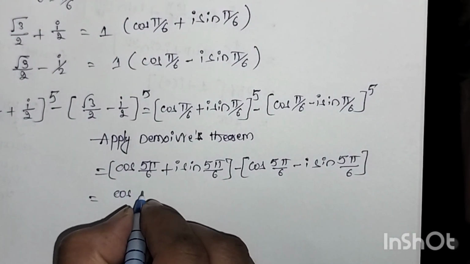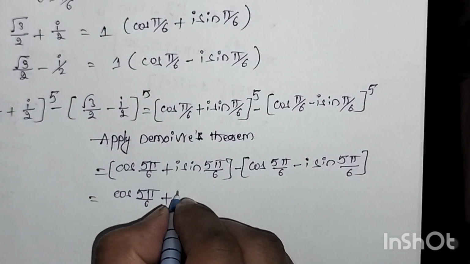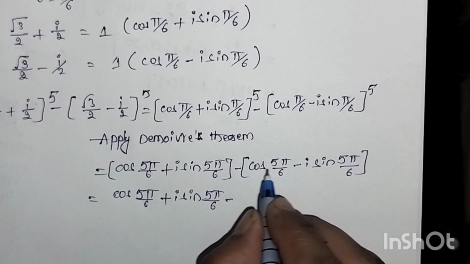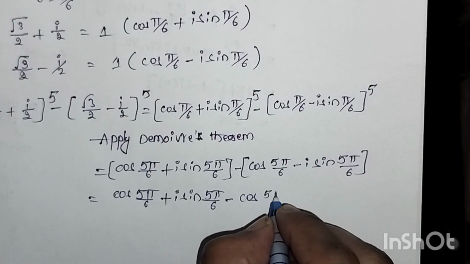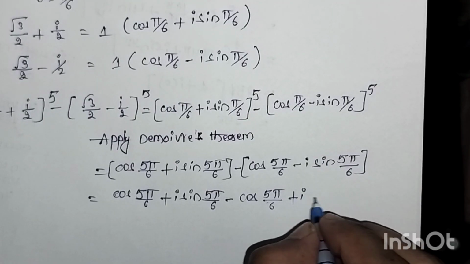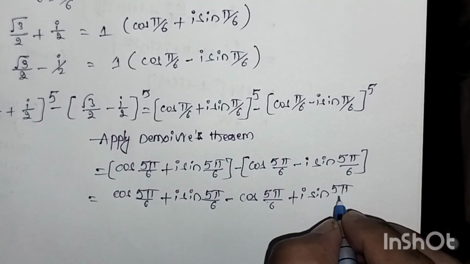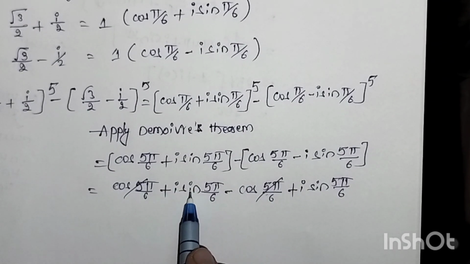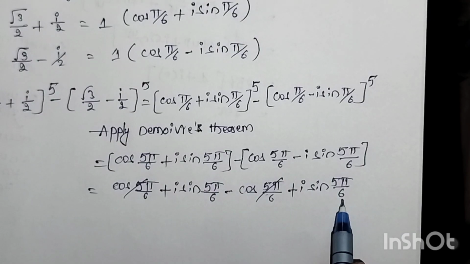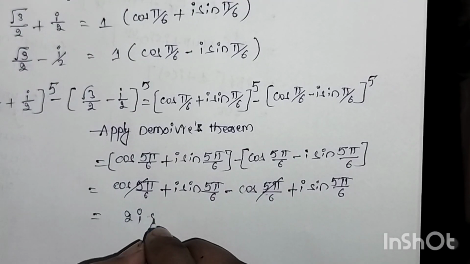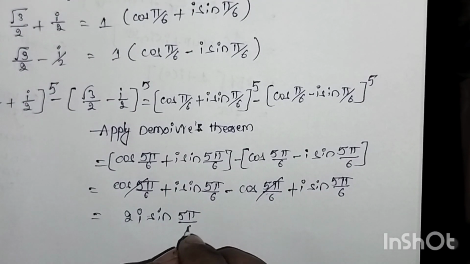Multiplying the second term by the minus sign, cos 5 pi by 6 minus cos 5 pi by 6 cancels, and i sin 5 pi by 6 plus i sin 5 pi by 6 gives 2i sin 5 pi by 6.